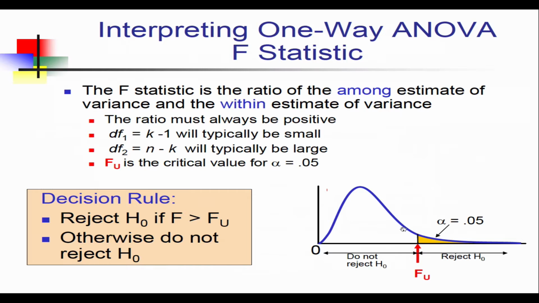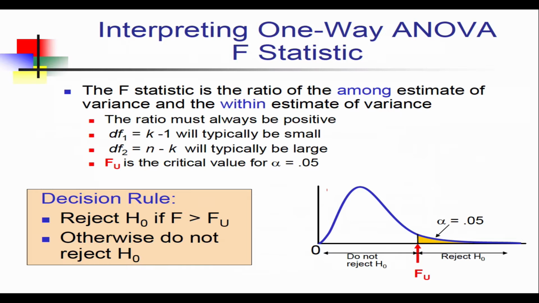And we just said that the larger the value of the F statistic, the more it indicates you're going to reject the null hypothesis. So how large is large? We need to determine this critical value, FU. What determines this FU is the level of significance, 5%, and the sample size.